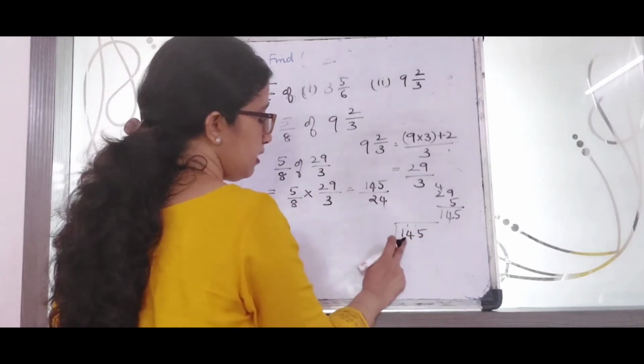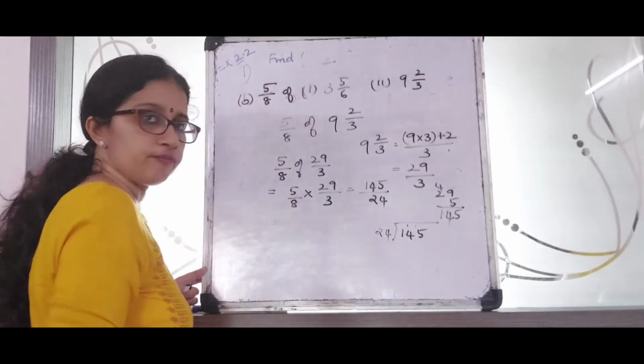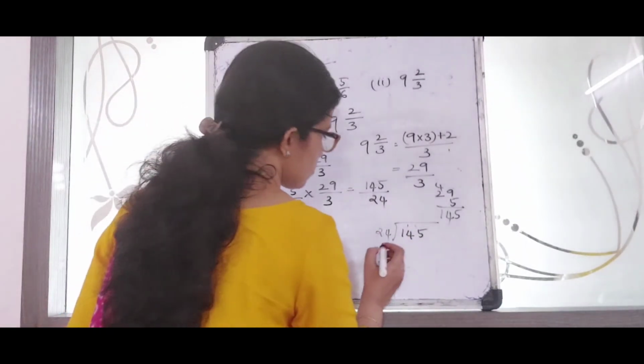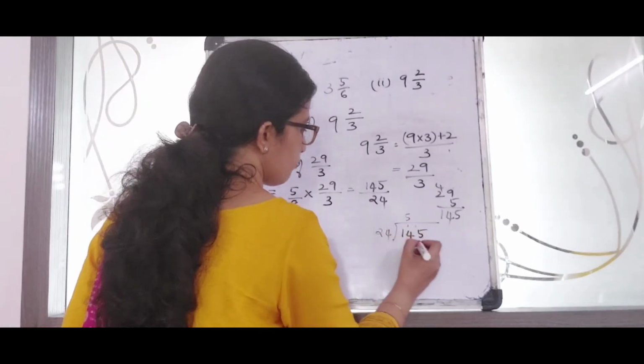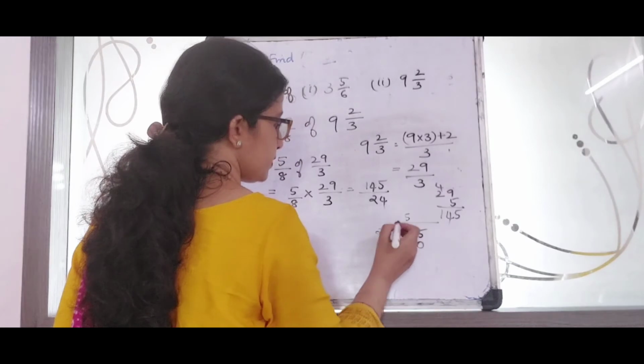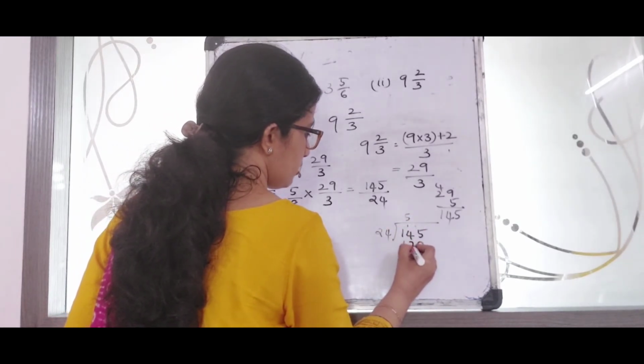Now to convert this into a mixed fraction we have to divide it, right? 145 divided by 24. So 24 into 5 if you put, 5 4s are 20, 5 2s are 10, 120.